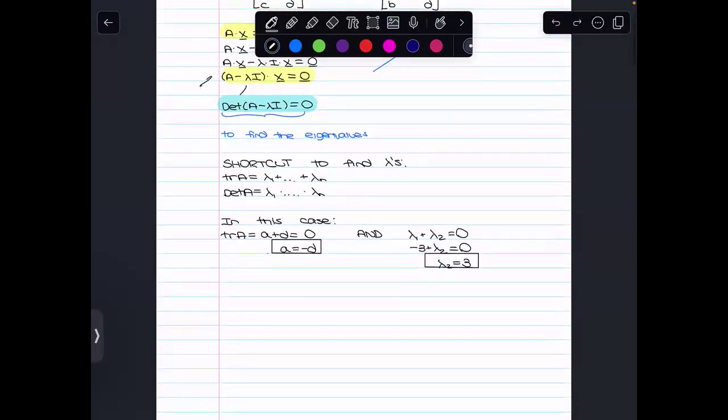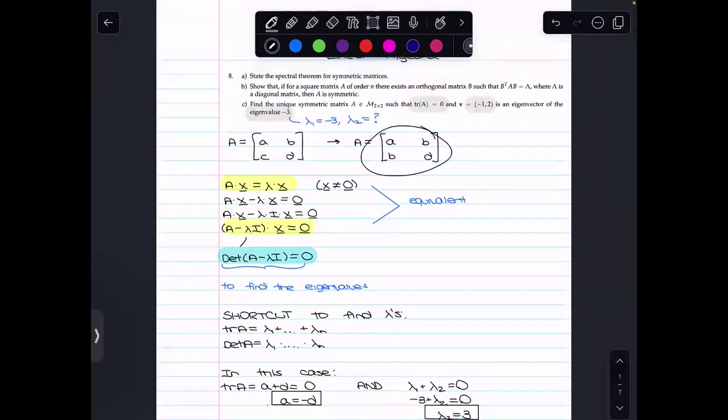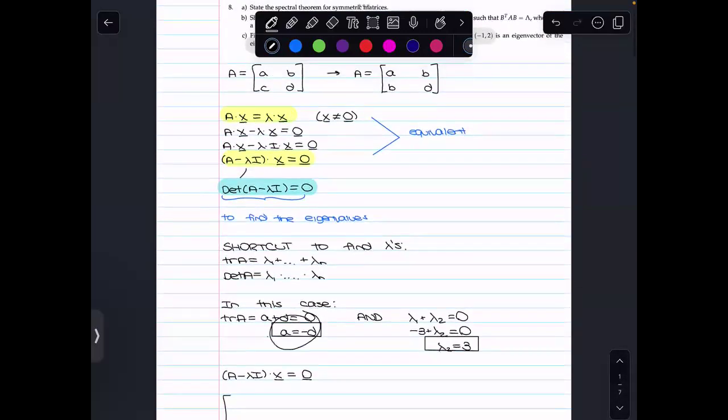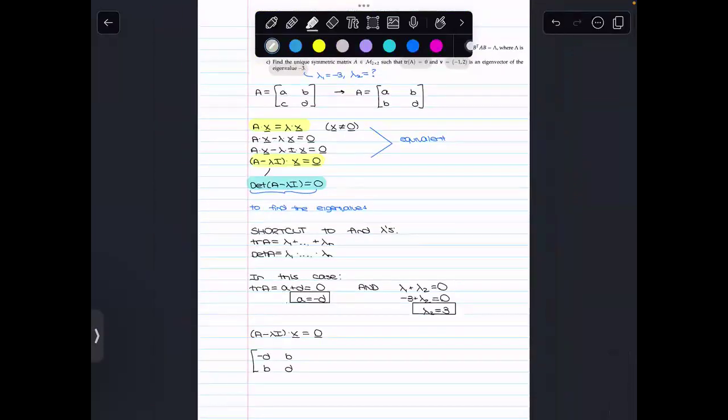I'm going to look at this one just because it's a little bit nicer to work with. We know that our A matrix is [A, B; B, D], and we said that A equals -D, so I'm going to replace that. I just replace A with -D.